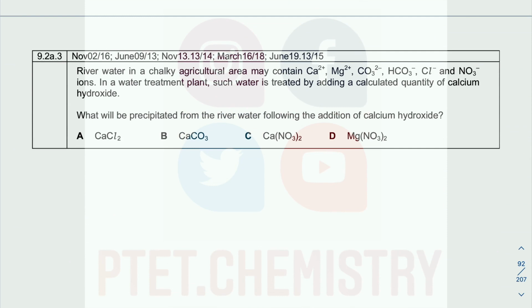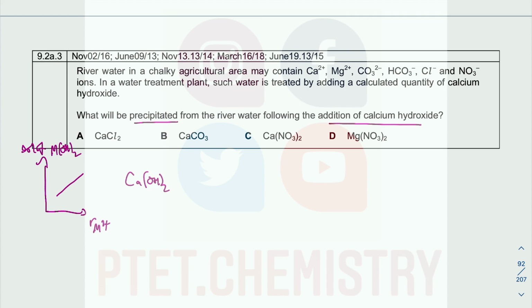Next question is also quite popular. So, what can be precipitated when you add in calcium hydroxide? As you know, calcium hydroxide is more soluble than magnesium hydroxide because the solubility of group 2 hydroxides increases down group 2, but still it's not the most soluble thing in the world.